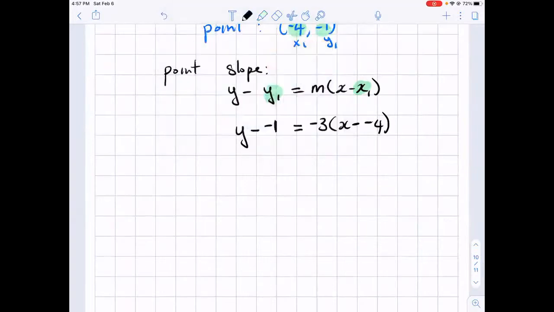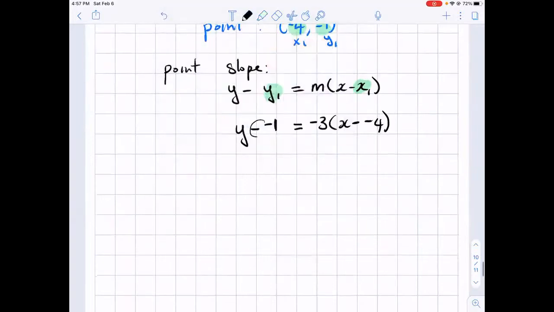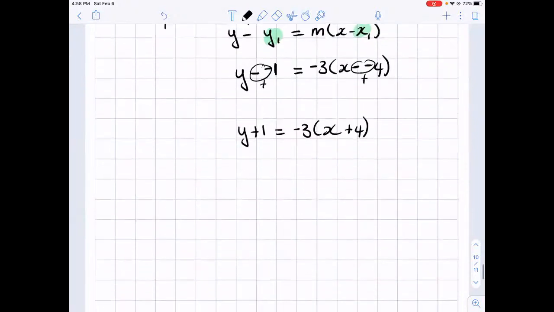Simplifying this, these two negatives become positive, so y plus 1 is minus 3. These two negatives become positive, x plus 4. So we have y plus 1 is equal to minus 3 times x is minus 3x. Minus 3 times positive 4 becomes minus 12.